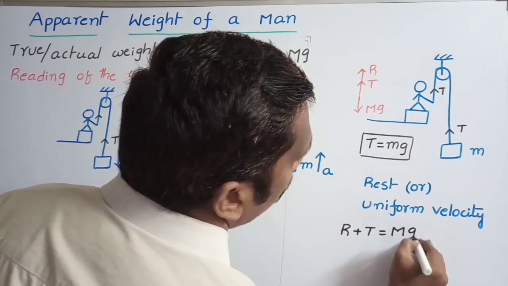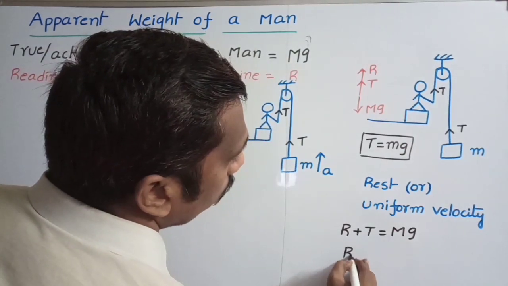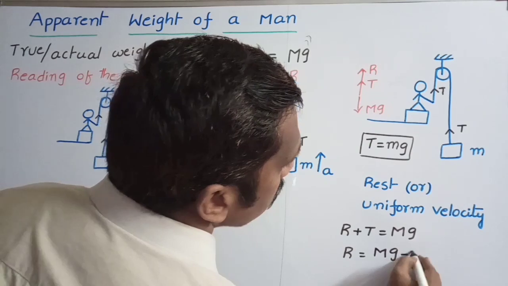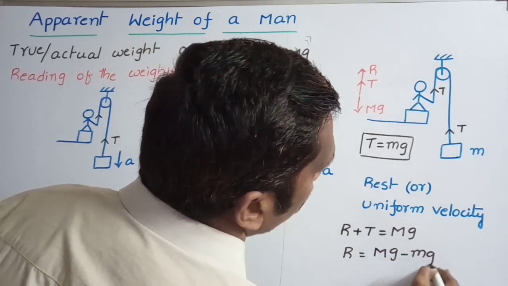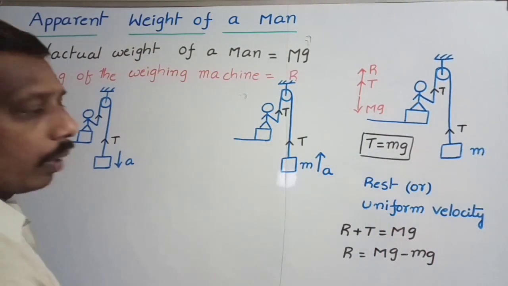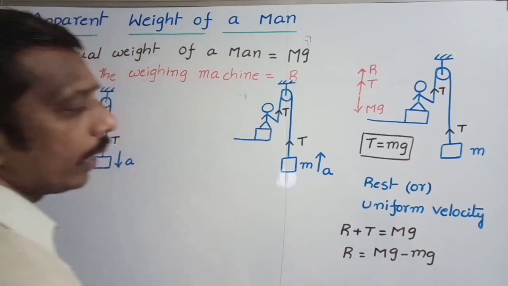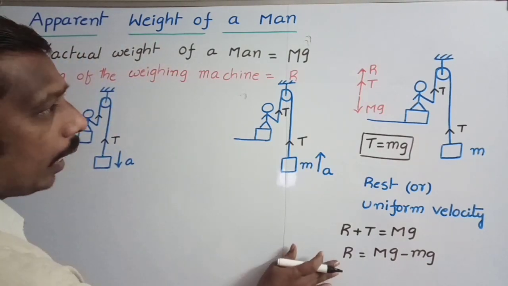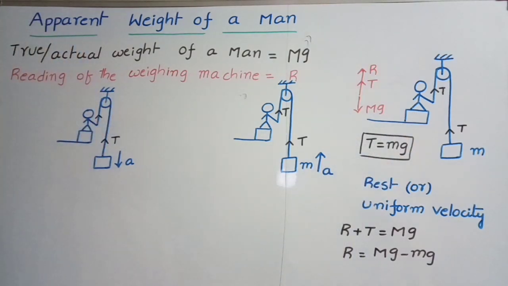In this, reading R is equal to Mg minus small mg, where tension T is equal to mg. From this, if you take g common, you will get capital M minus small m into g. The reading given by the weighing machine is called apparent weight. Apparent weight is less than the true weight of the man.